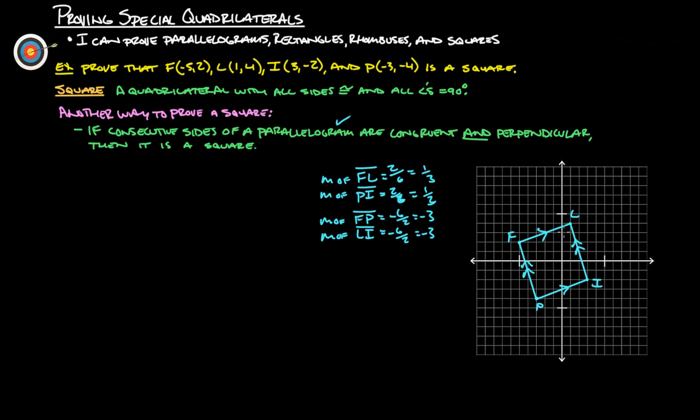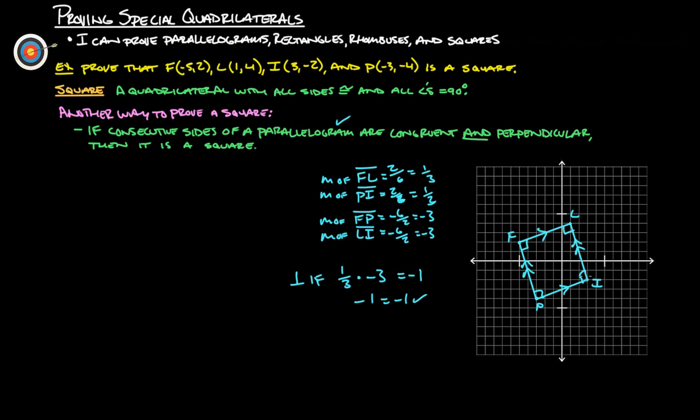We can show that these are perpendicular pretty easily, because 1/3 times -3 equals -1, and that does equal -1. So these are 90-degree angles, all of these.